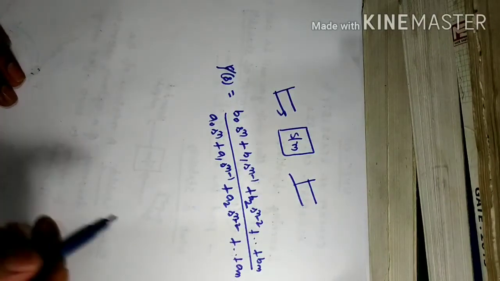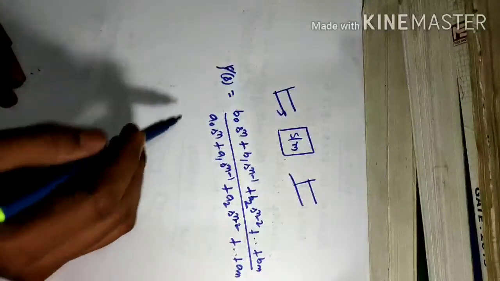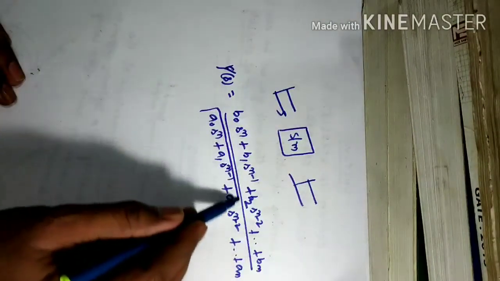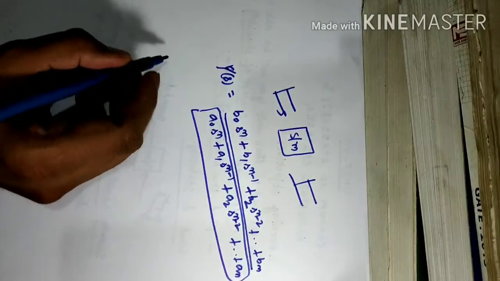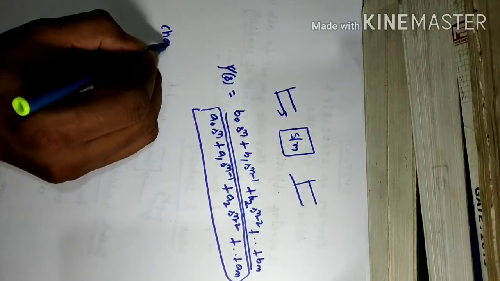So this is a transfer function. Here the denominator is called the characteristic equation.